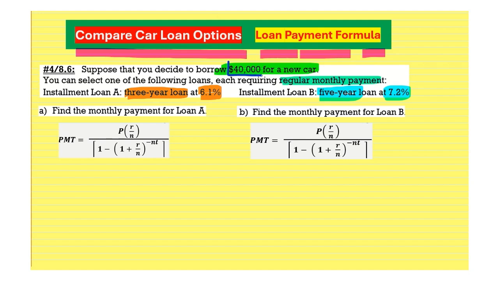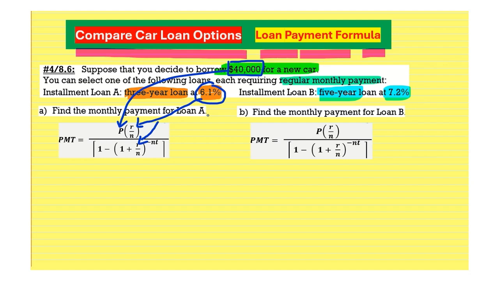For $40,000, that is our principal loan amount. So that number will go here in the P position for both of our loan options. And in the first one, we're going to have a rate of 6.1%. That rate will go into the R position. Then it'll also go here in the denominator as well.